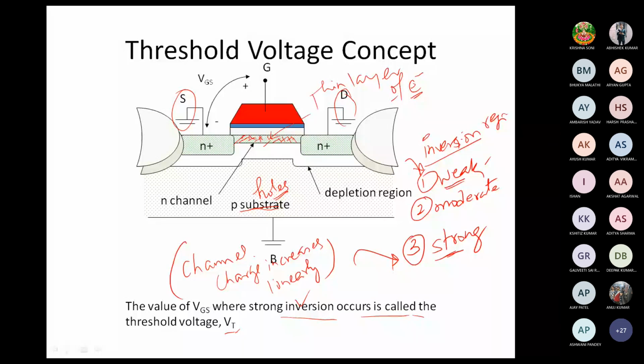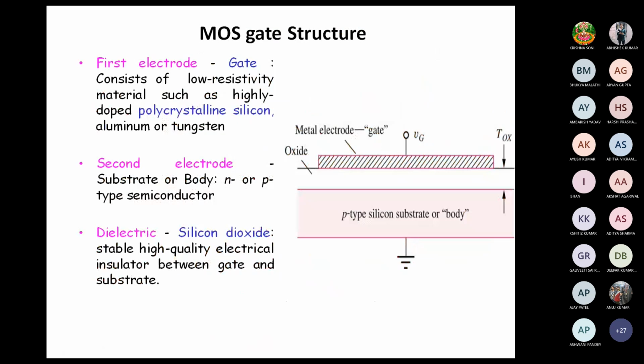The channel has been created. Strong inversion is this one, and we call the corresponding value of the gate voltage for which this happens the threshold voltage. This is the concept behind this.